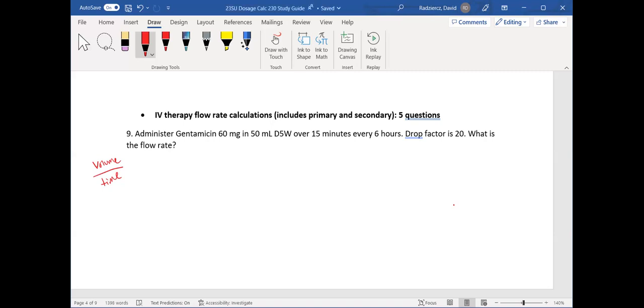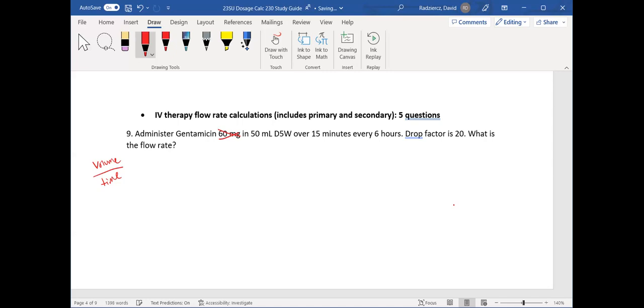Obviously, you want to administer the correct strength to the patient, but when we're calculating flow rate and we're asking for flow rate, all I care about is volume and time. So whenever you see 60 milligrams, 375 milligrams, 100 milligrams, you get rid of that and it does not factor into your equations. Okay.